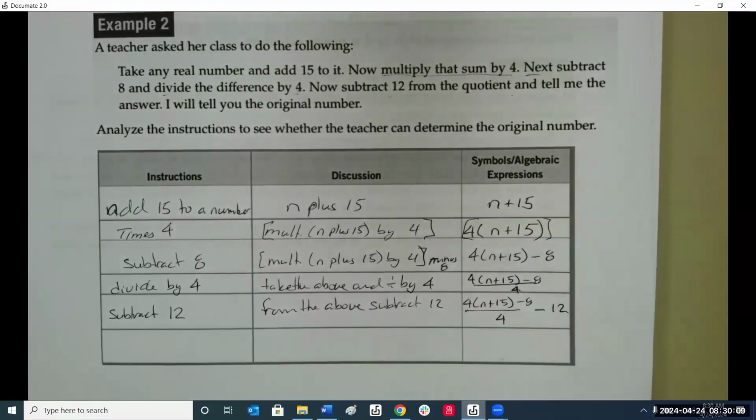All right, so those are your steps. Try it. Pick a number. Follow these steps.